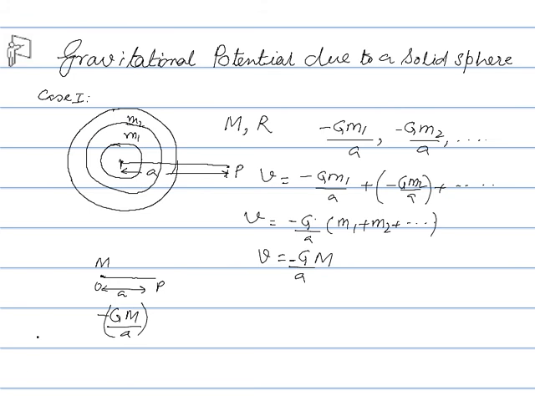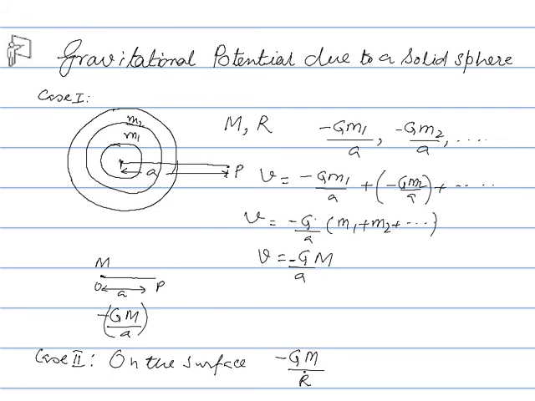In the next video we will determine what happens when the point is lying on the surface of the sphere or inside the solid sphere. So even if it is lying on the surface of the sphere, then also the potential will become equal to minus GM by A, which means what?